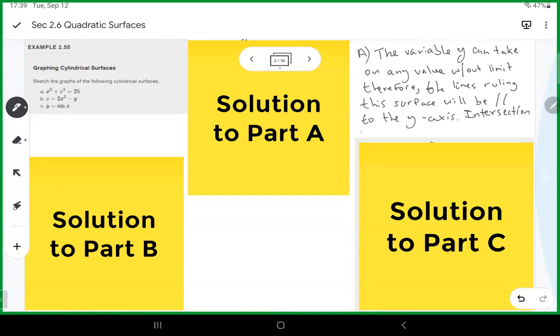Intersection with the xz plane: a circle at the origin and radius 5.